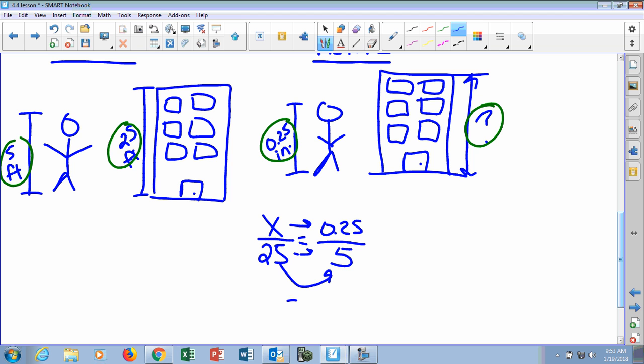So to go from 25 to 5, you have to divide by 5, right? So to go this way, I have to multiply by 5. Well, 0.25 times 5 is 1.25. So the building in the picture should be 1.25 inches, which is much, much bigger than good old Greg.